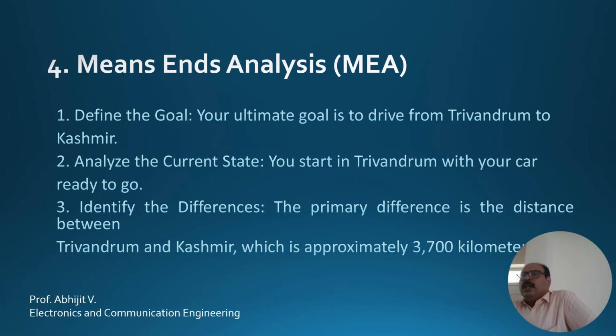While using means end analysis, we have first identified the problem, then defined the current state, what we are supposed to do right now. The second thing is that we find out the quantitative step we are going to take: how much is the distance from Trivandrum to Kashmir?